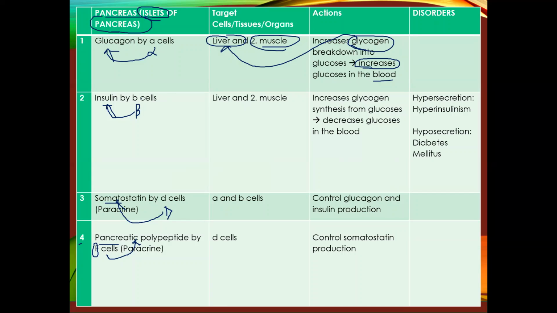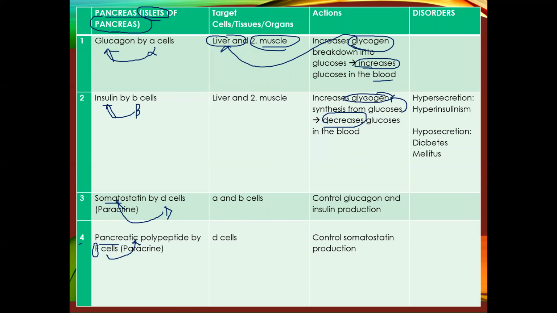Now insulin. Insulin has opposite effects compared to glucagon. So these are antagonistic hormones. It will decrease glucose in the blood. How? By converting the glucose into the storage, into glycogen.